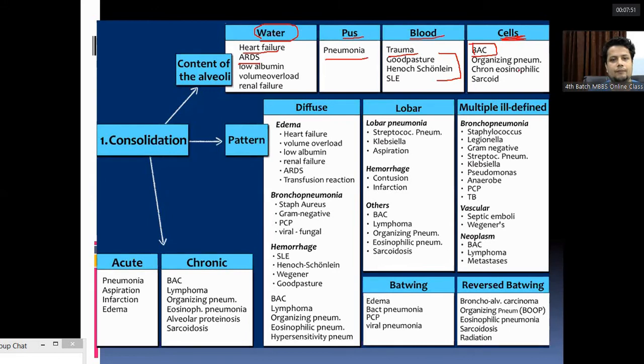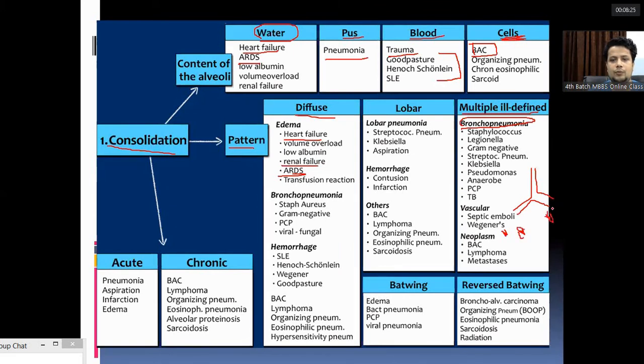The patterns of consolidation can also be divided according to the distribution. If it is diffuse, then it is usually due to heart failure, renal failure, or ARDS. If it is multiple, then it is usually due to bronchopneumonia, where the organism has spread from the bronchi to multiple areas of the lung.